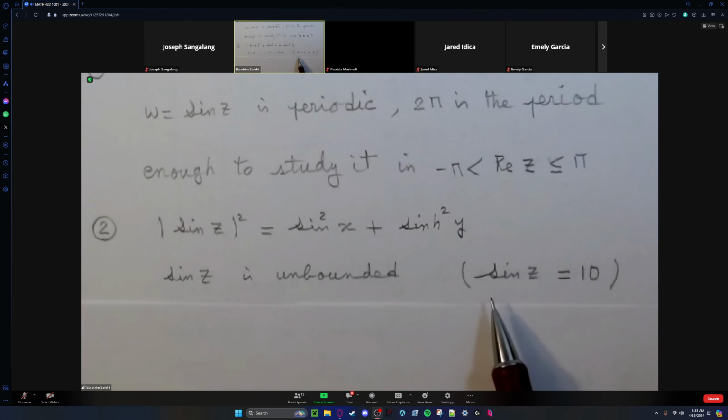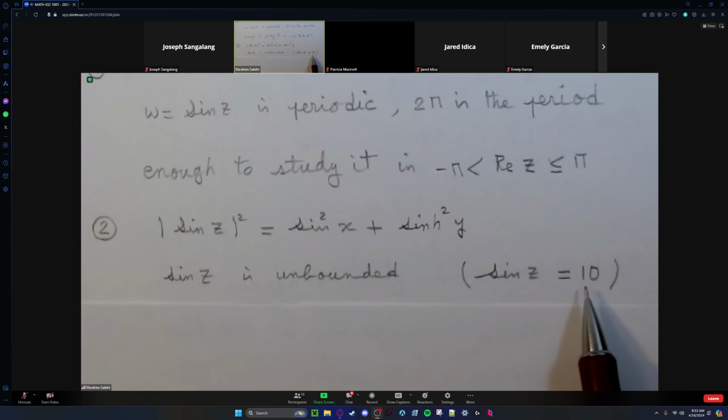But in complex analysis, sine z can actually be 10 or any number. And we solved an equation like this when we were talking about sine z.